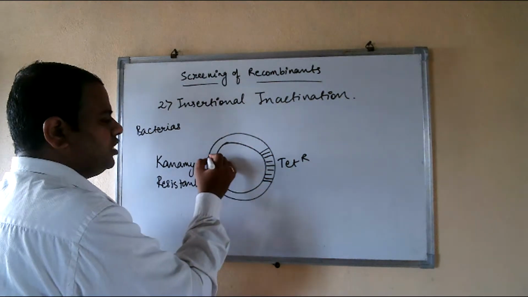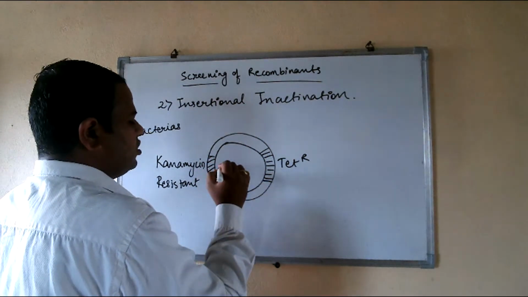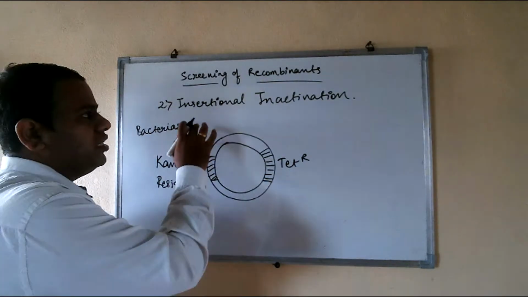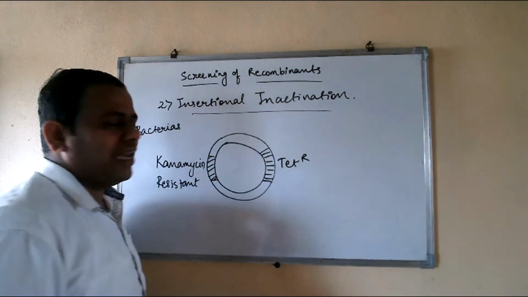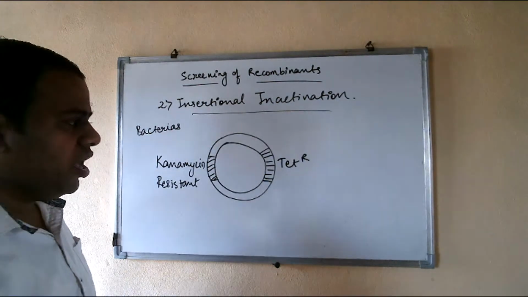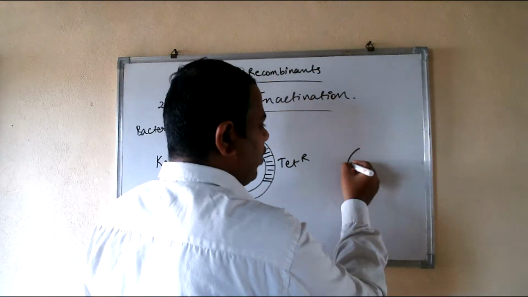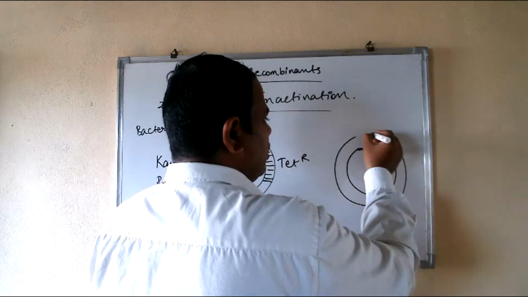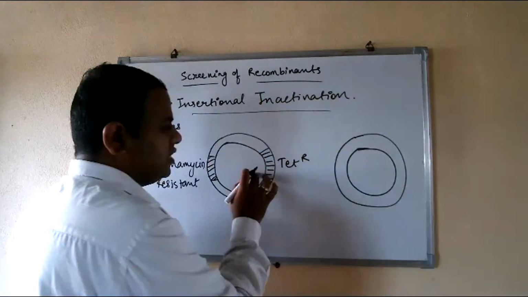There are two genes: first is tetracycline resistance and the second is kanamycin resistance. So what I am going to do in this type of screening, that is insertional inactivation, is add my particular fragment of interest into a particular gene which I know. For example, this is the plasmid, suppose, and this is the tetracycline gene.